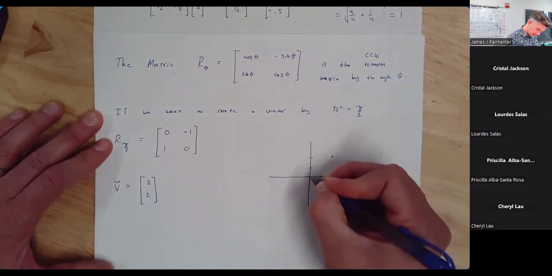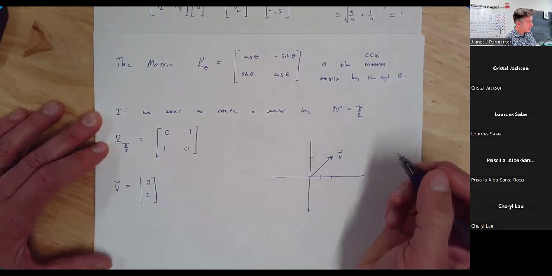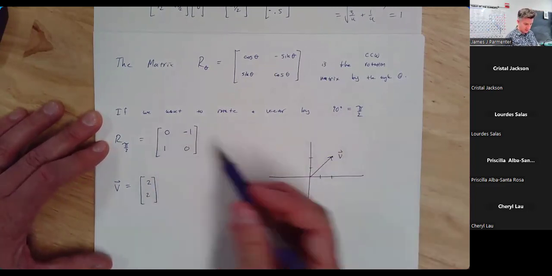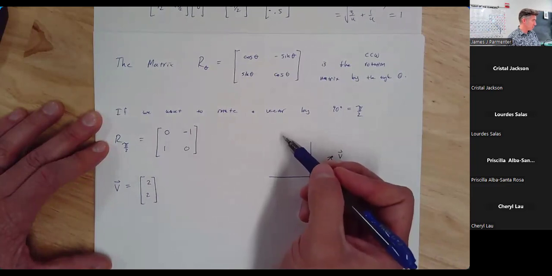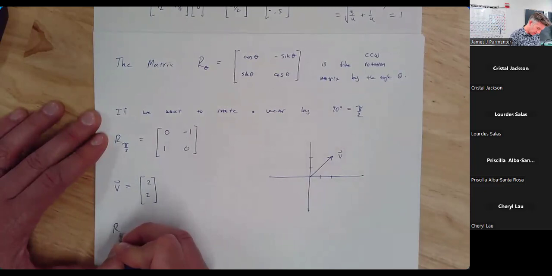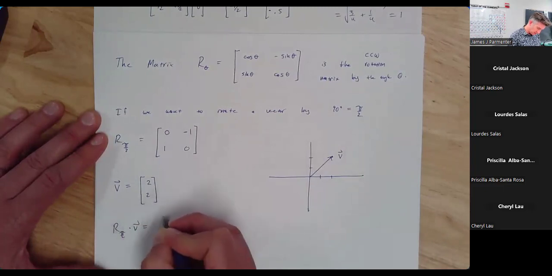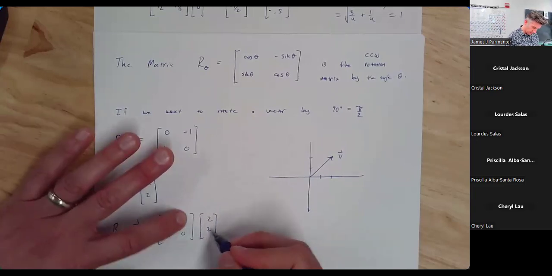So there's our vector v. And if I've done things correctly, we would expect the matrix times v to be the vector -2, 2, because it should rotate 90 degrees counterclockwise. Let's check. Our matrix R pi/2 times v is equal to 0, -1, 1, 0, times the vector 2, 2, reading 0 plus -2.